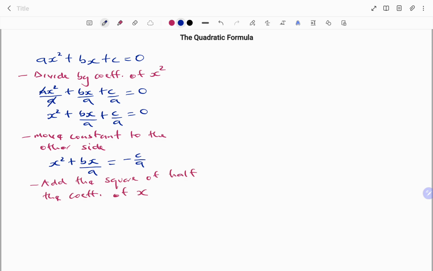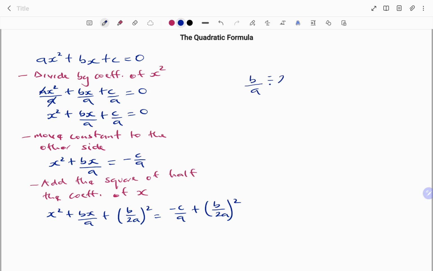The coefficient of x here is b over a, so adding the square of half the coefficient of x to both sides, we're going to have x squared plus bx over a plus b over 2a all squared equals minus c over a plus b over 2a all squared.